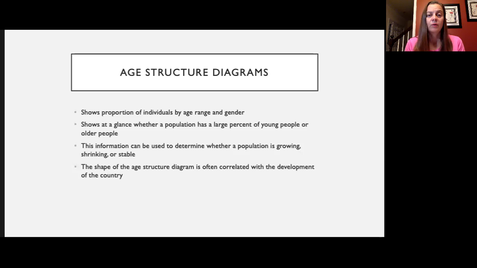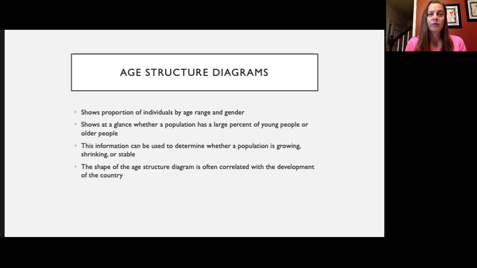These show the proportion of individuals in a population of each age range and each gender. They show at a glance information about the age of a population, whether there are lots of young people or lots of older people. And this information can be used to determine whether a population is growing quickly, whether it's shrinking, whether it's stable.